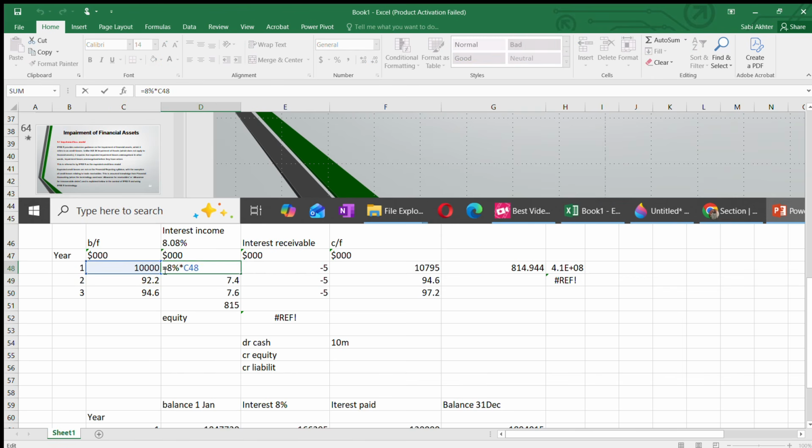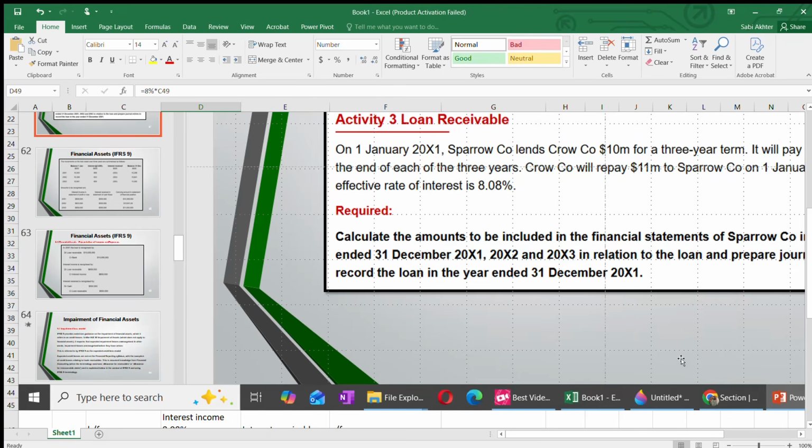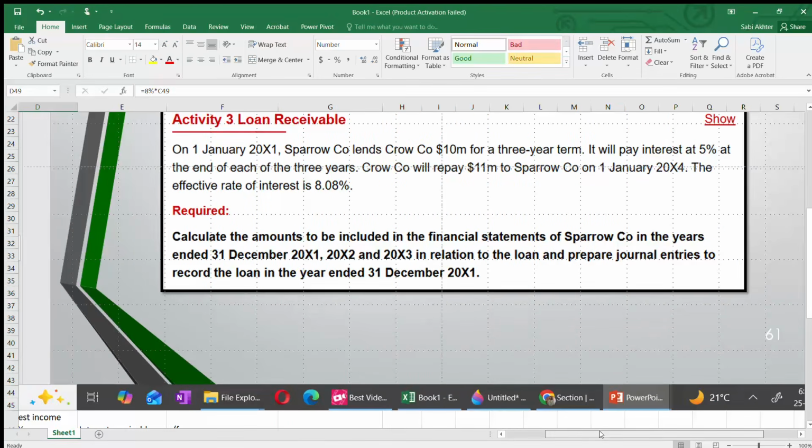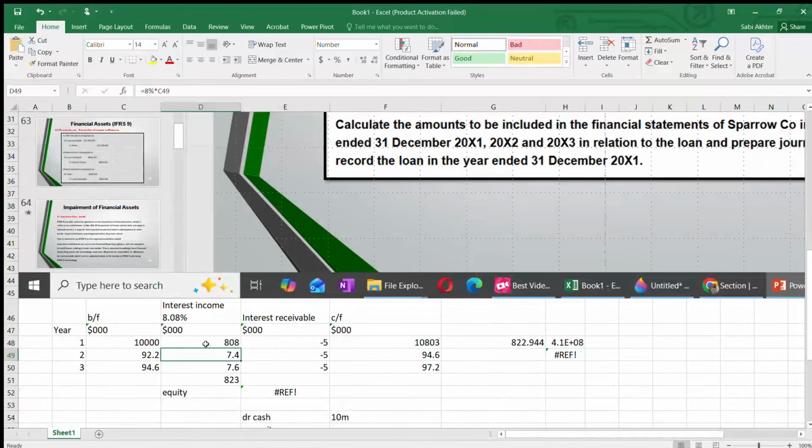And if I apply 8.08% to this, done. And then I have to deduct 5% interest on this 10,000, which is 500,000. So it is 10,308.